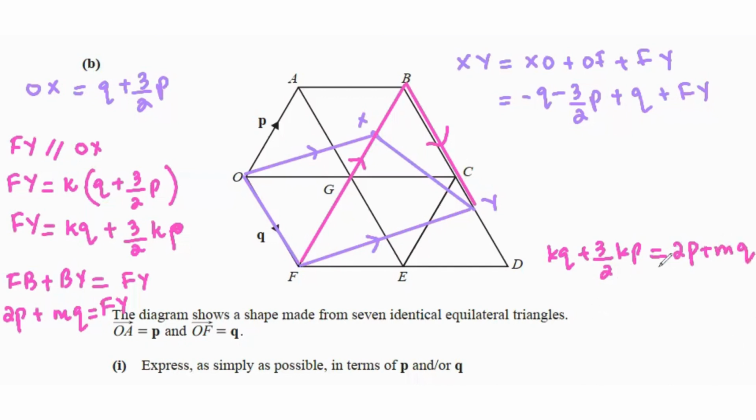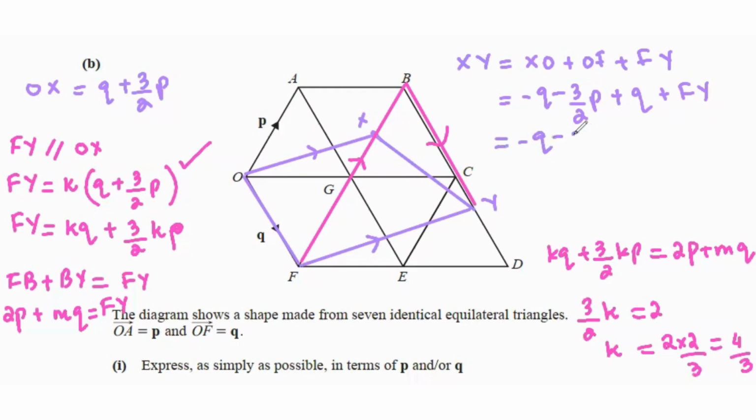If we put the P's equal to each other, 3 over 2 K equals 2, and K would be 2 times 2 over 3, which is 4 over 3. Since we have the value of K, which is 4 over 3, we can easily use this vector and substitute it in to find XY. We don't need to find the M value because that's not relevant here.